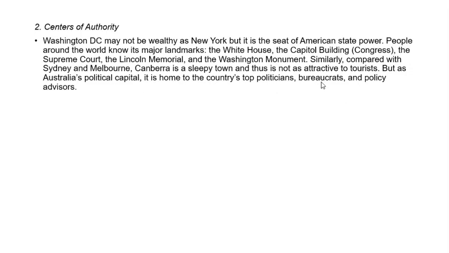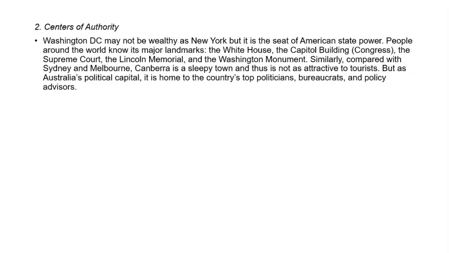So, nariyan yung mga top politician, bureaucrats, and policy advisor ng Australia doon sa Canberra. Okay? Kung hanapin mo pinaka top politician, bureaucrats and policy advisor sa Australia, diyan mo makikita sa Canberra. Whereas yung tourist spot sa Sydney, ano? At saka sa Melbourne.